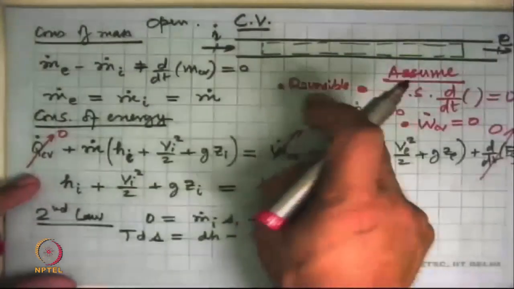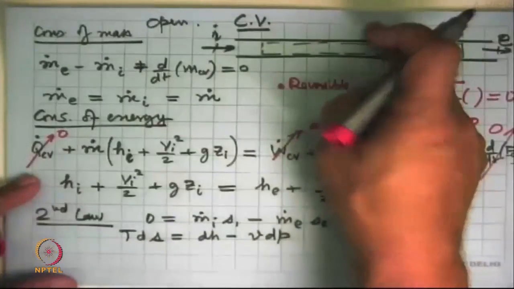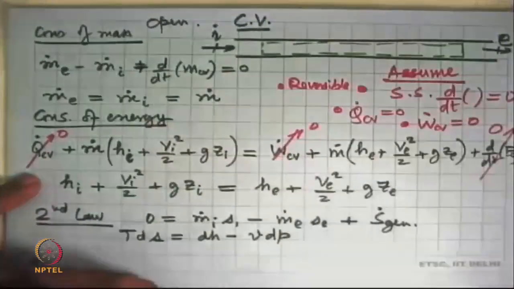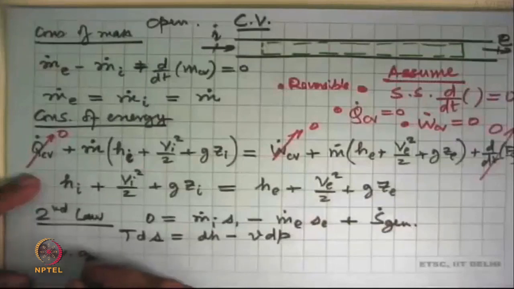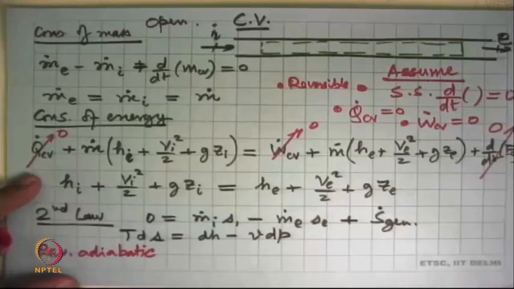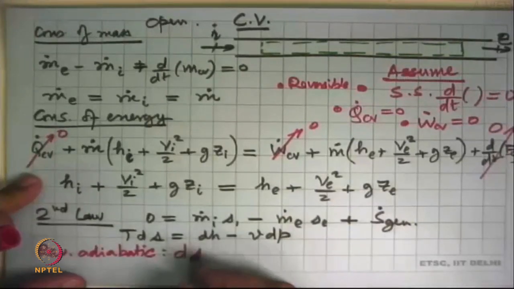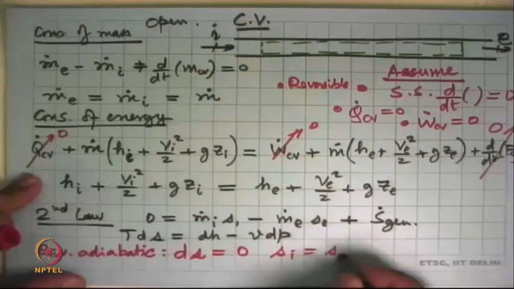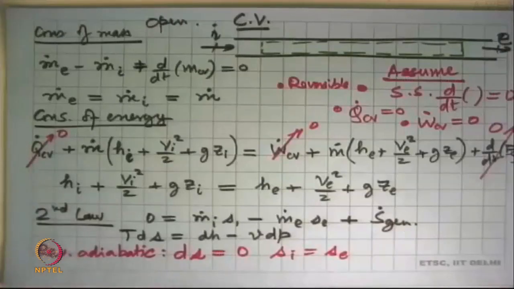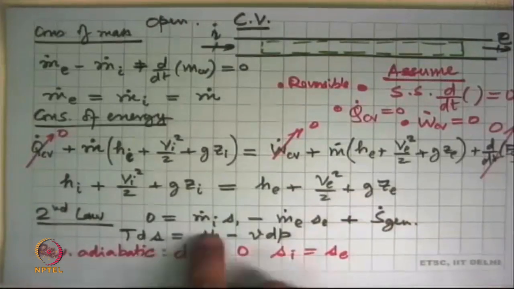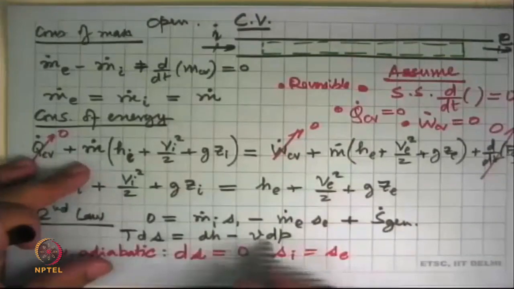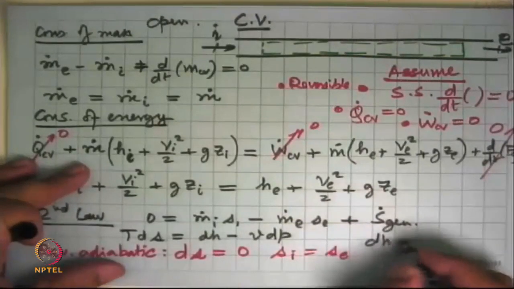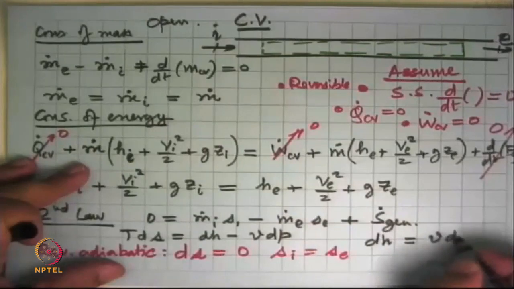It is reversible, it does not exchange heat, so this process is reversible adiabatic. And we had seen yesterday that if that is the case, then ds is 0, which basically says that Si is equal to Se. So with that assumption, we are now left with 0 equal to dH minus VdP, or dH is equal to VdP.